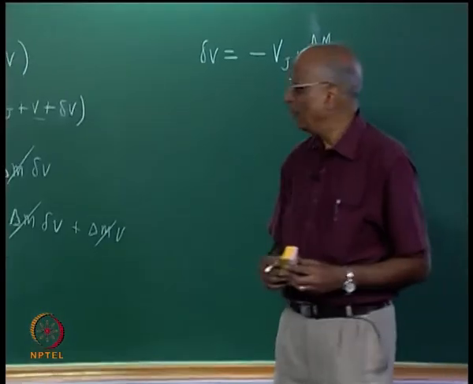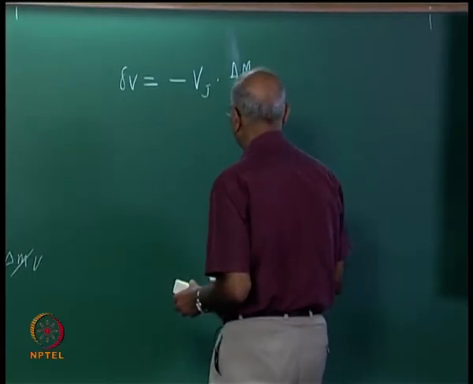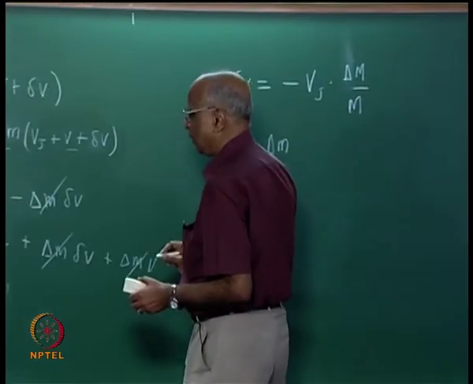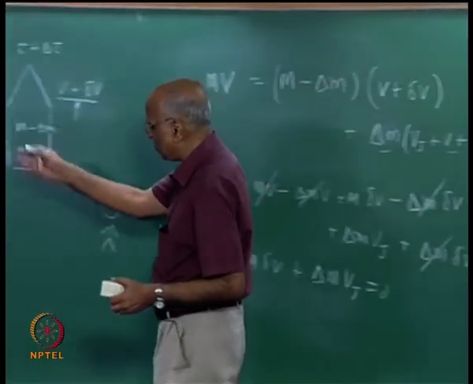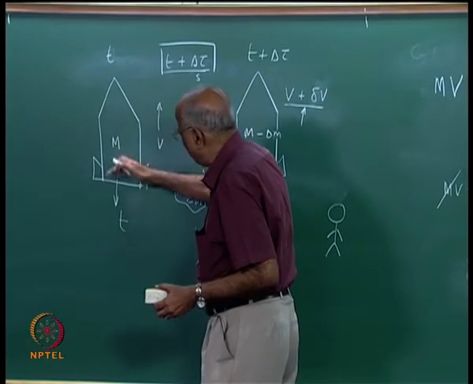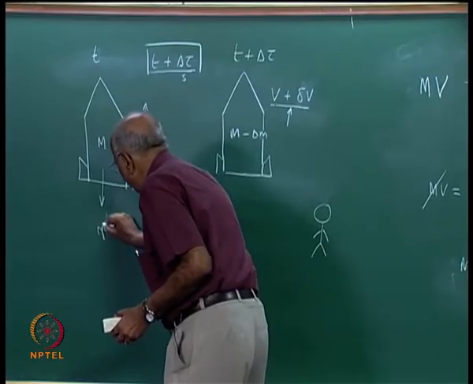Okay. Now we want to solve this equation. How do I solve this equation? I get delta M. What is the value of delta M? Let us assume that the mass which gets exhausted from the nozzle is something you are constantly pushing out at the rate, let us say, m dot.